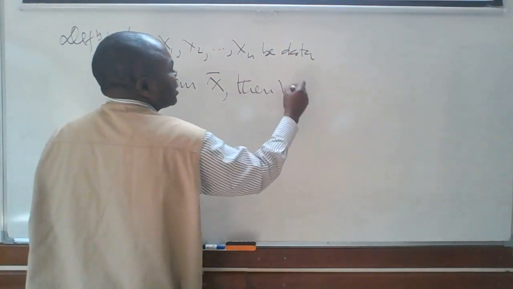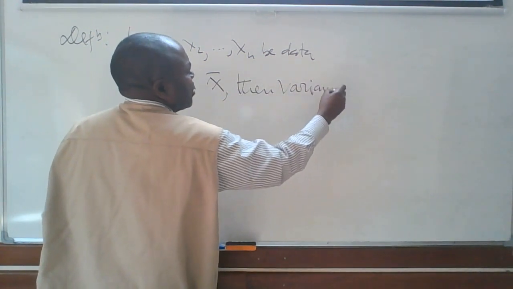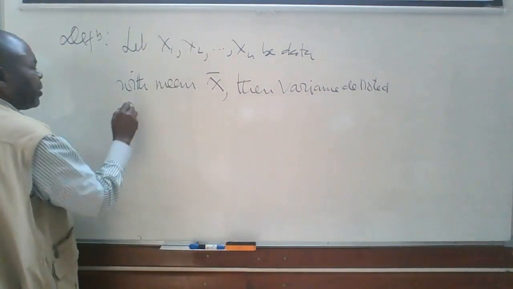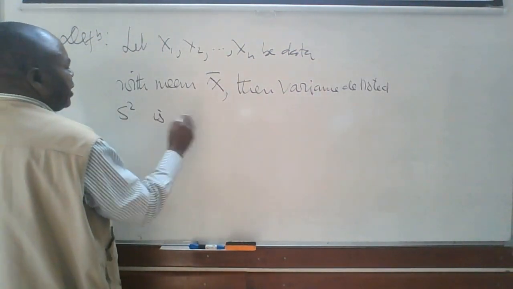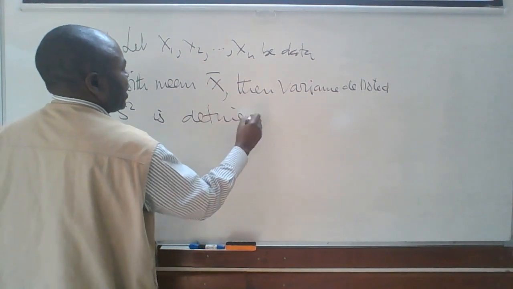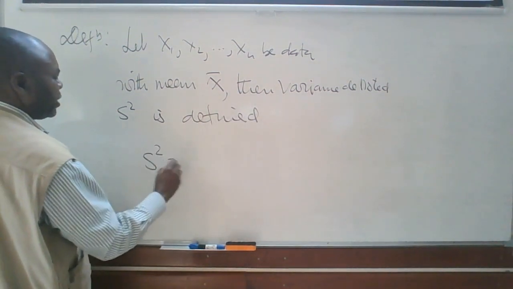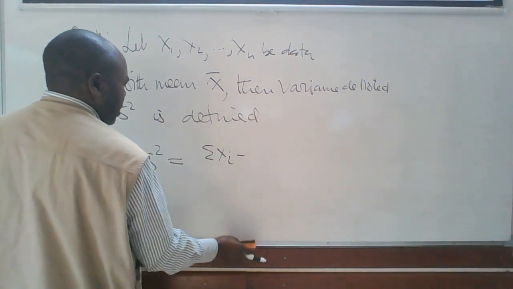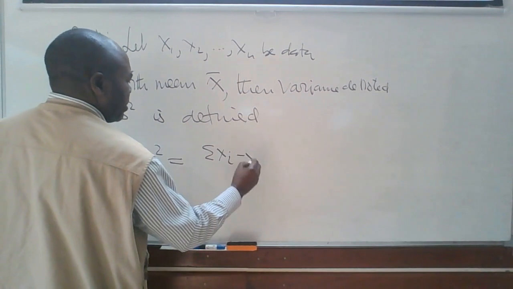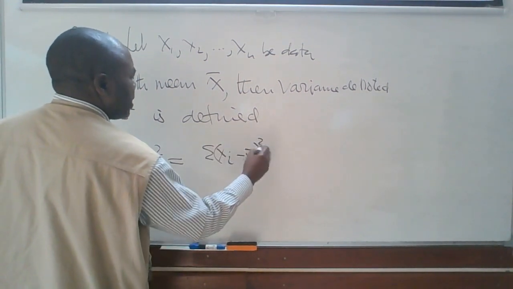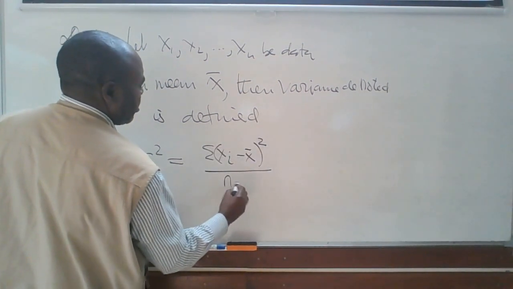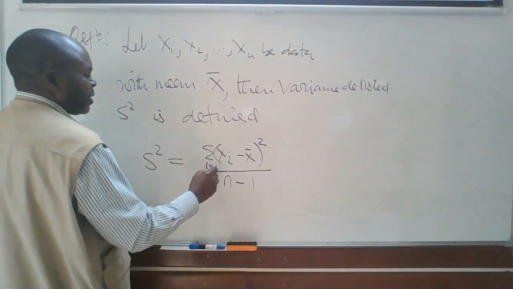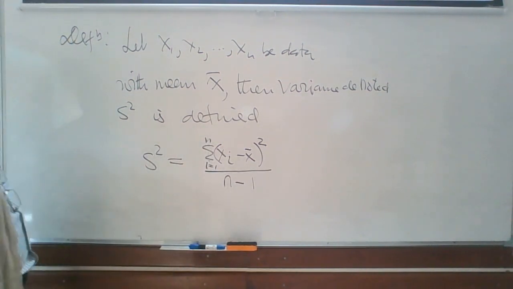Then variance, denoted s squared, is defined as s squared is equal to summation of xi minus x bar, the whole thing squared, divided by n minus 1. That is our variance. Of course, our i is running from 1 to n. That is variance.